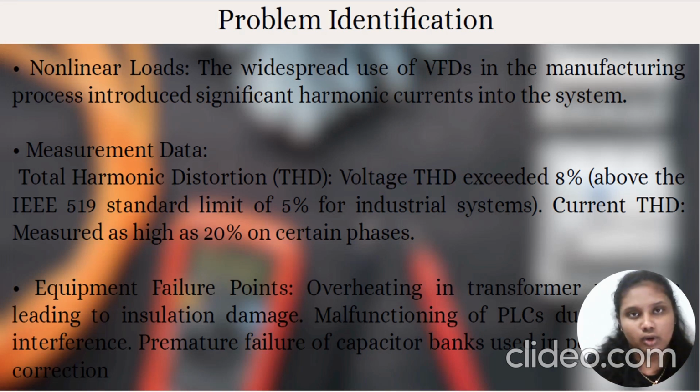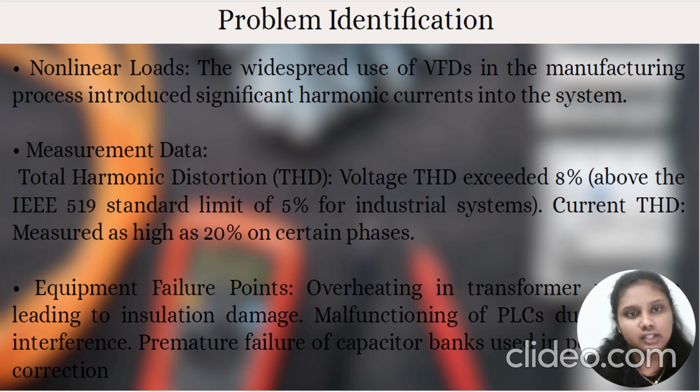Okay, let's talk about the problems that were identified. So, the first problem is nonlinear loads. The widespread use of VFDs in the manufacturing process introduced significant harmonic currents into the system. Furthermore, in the measurement data, total harmonic distortion (THD) voltage reached 8%, exceeding the IEEE 519 standard limit of 5% for industrial systems.